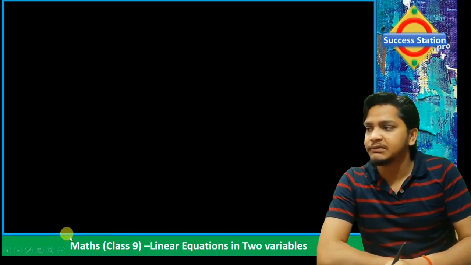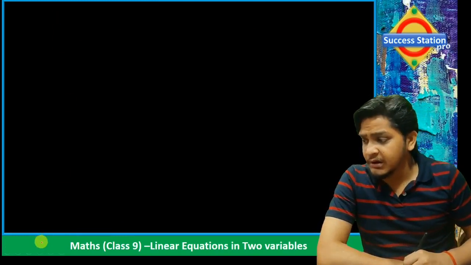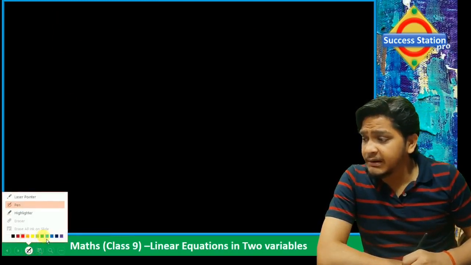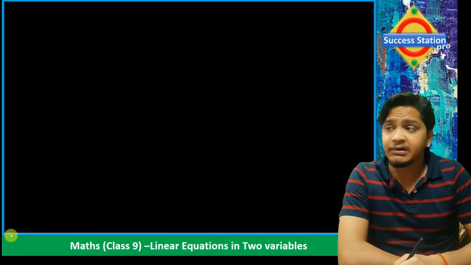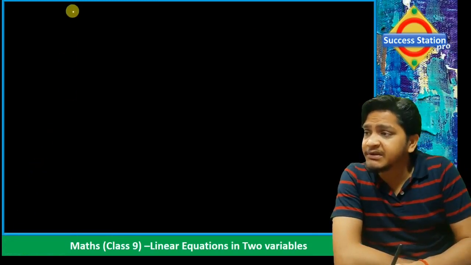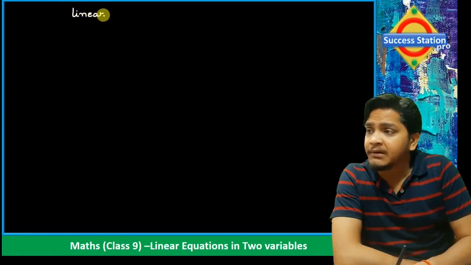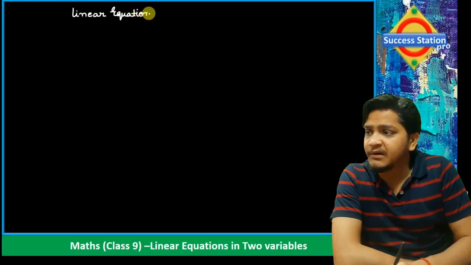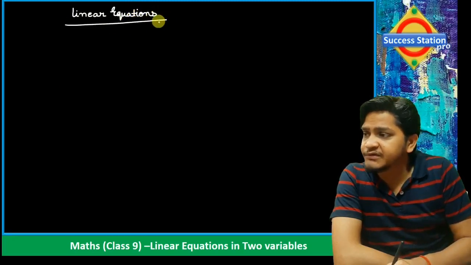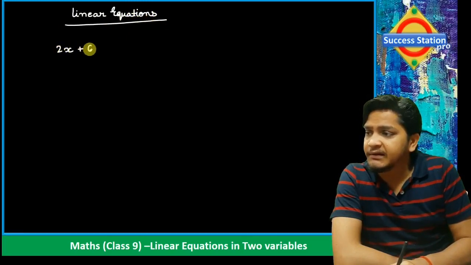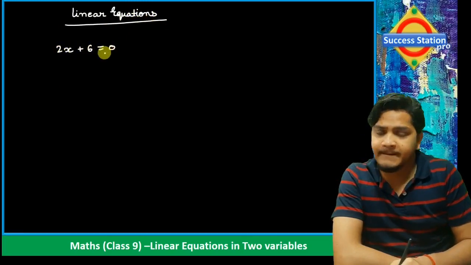Firstly, the name given is linear equation, so there must have been some thinking behind it. If everyone gets a name, there should be some meaning behind it. So you must have solved equations like this: 2x plus 6 is equal to 0, right?